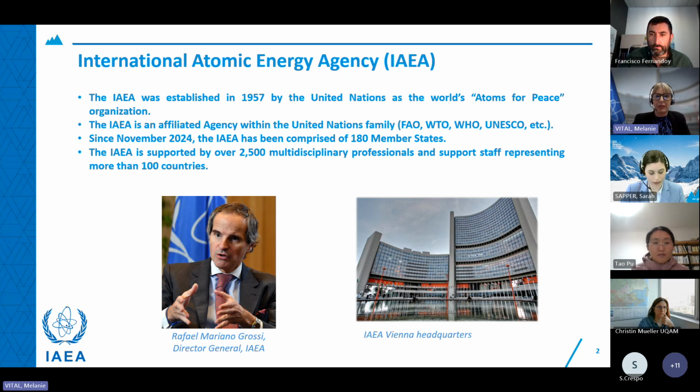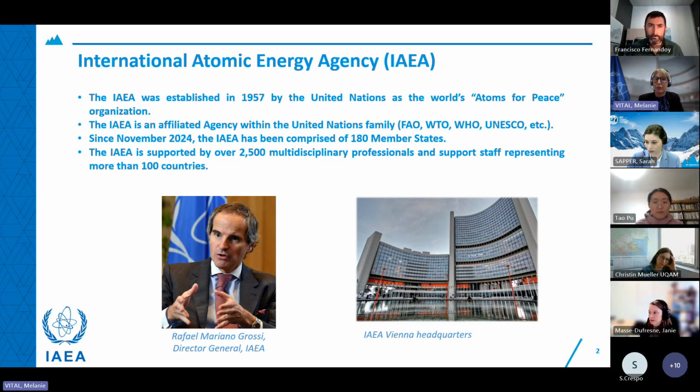The IAEA was established in 1957 by the United Nations as the World Atoms for Peace Organization. The IAEA is an affiliated agency within the United Nations, like the FAO, the WHO, the UNESCO, etc. Since November 24, the IAEA has comprised 180 member states.